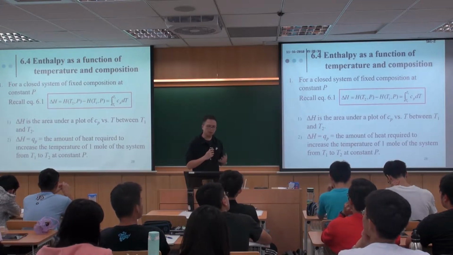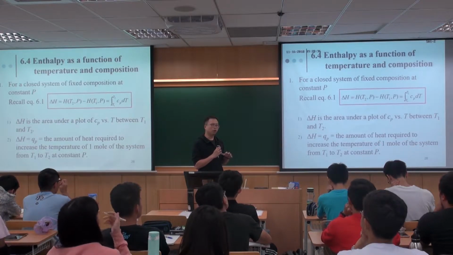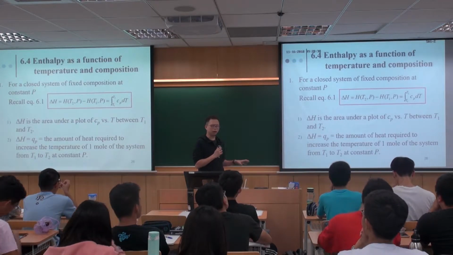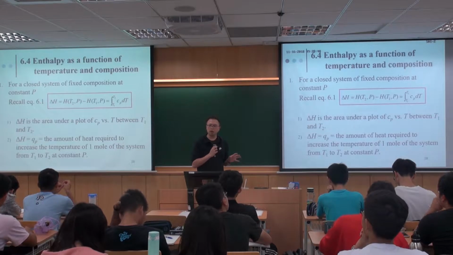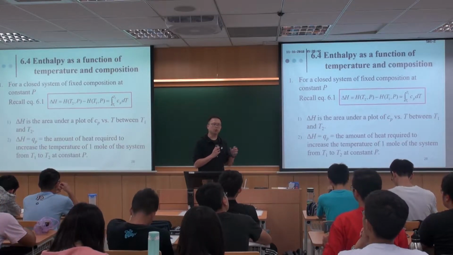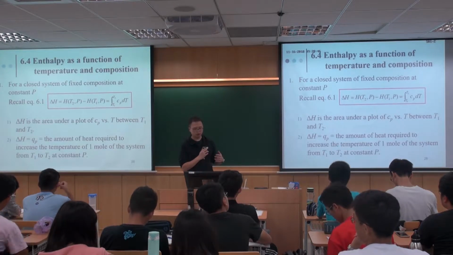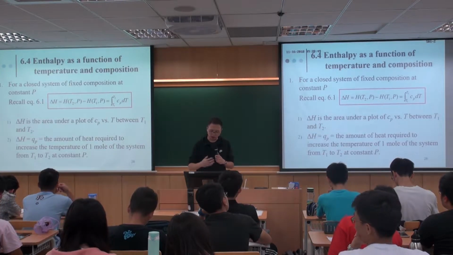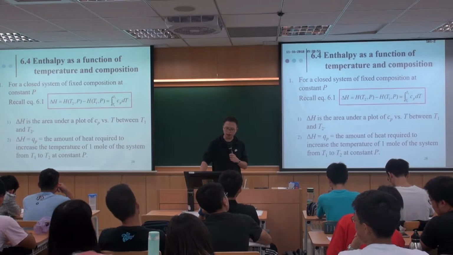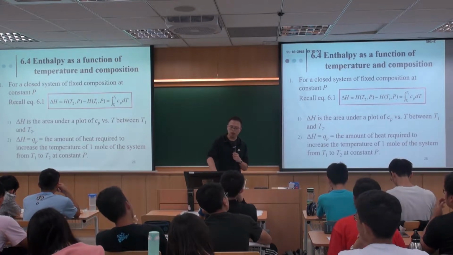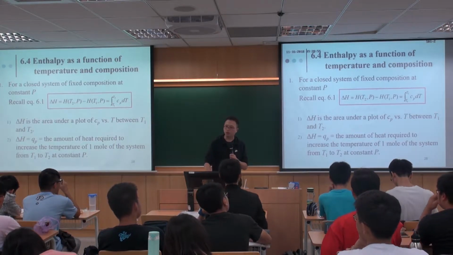Okay? So most of the problems that you're going to go through in this chapter will be limited to constant pressure. For instance, the pressure is limited to 1 atm, and then you change the temperature. There are some very rare cases at the very end of this chapter where we discuss the change of pressure.